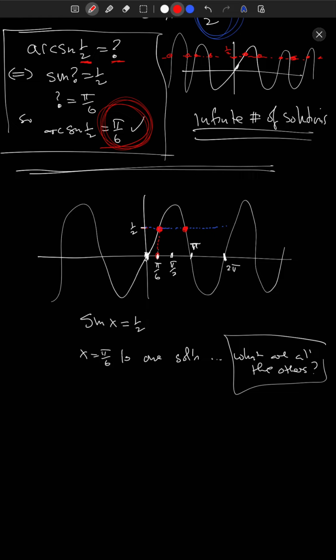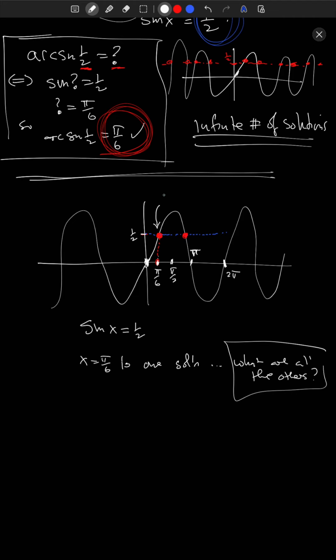So this is the one that we just found, sine of pi over 6. This red point right there represents the fact that sine of pi over 6 is equal to 1/2. And this second point that I've drawn represents the fact that sine of that angle equals 1/2, so that's going to be another solution to the problem.